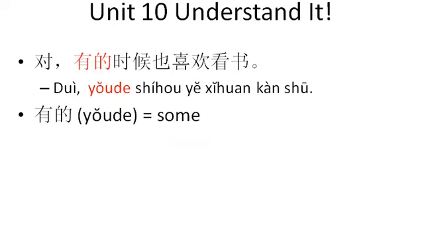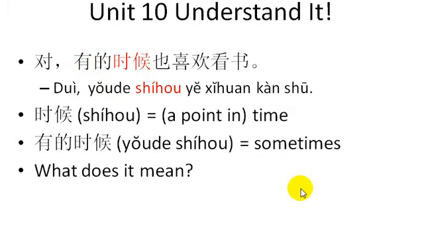So in this sentence that Bai Ying-ai says, 有的时候, so it's some of this here. Some of what? Some of this 时候. So let's find out what 时候 is. 时候 is the word for time, or one of the words for time, or a point in time.